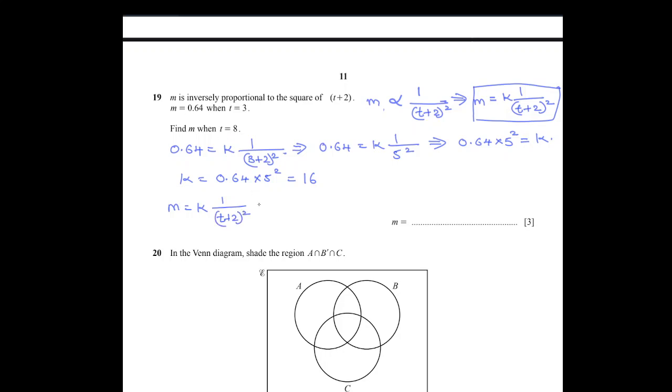So when t is equal to 8, m will be, we know k, 16 into 1 by 8 plus 2 whole square. So this will be 16 by 8 plus 2 is 10, 10 square is 100. 16 by 100 is 0.16. So our answer is 0.16. Question number 19 is done.